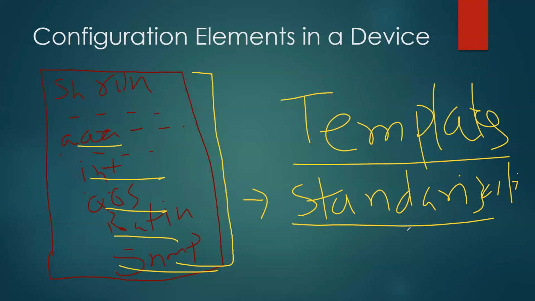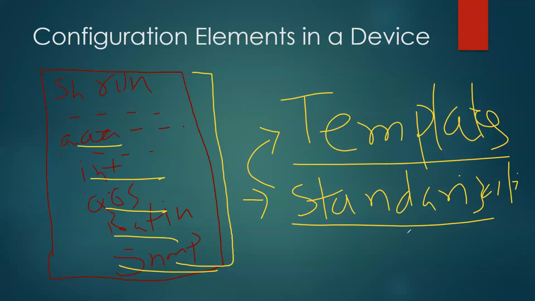But if you are managing 4,000 or 5,000 different devices with different lines of configuration, then it's very difficult to manage them. So one of the key features we want is to manage the device configuration via templates, to do the standardization of the configuration. Okay.